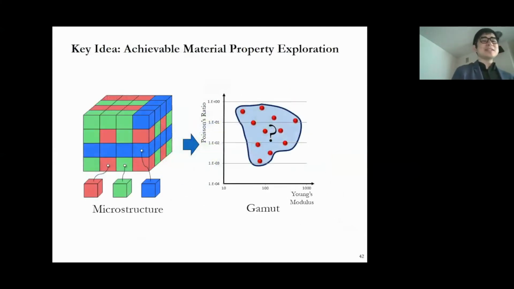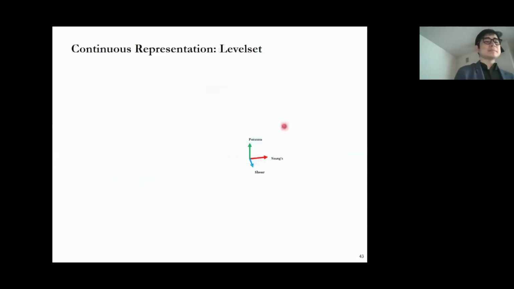And our goal is to use the computation to explore the boundary of this material property space by traversing the possibilities of the combination of these base materials. Like I have two or three materials. What is the maximum or what is the minimum Poisson ratio or Young's modulus it can achieve? It can be 3D printed.